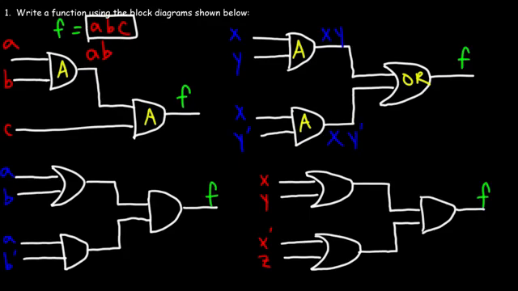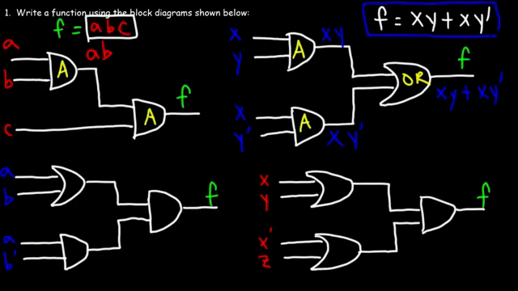Now the OR gate is going to take the two inputs and add them together. So the output of the OR gate will give us the function XY plus XY prime. And so function f is equal to XY plus XY prime. That's how we can write the function given a block diagram.